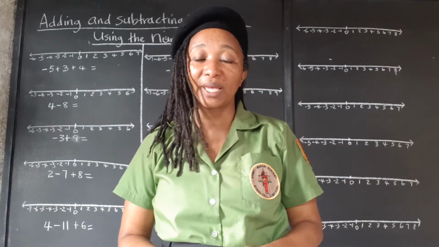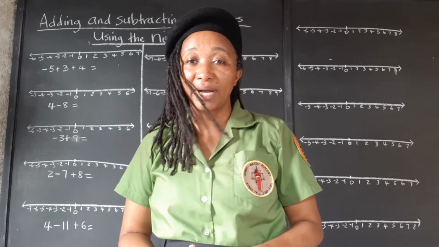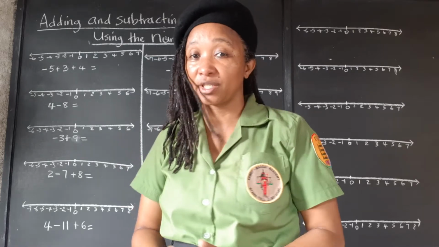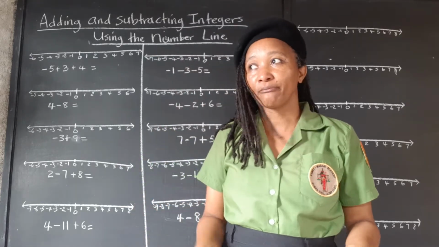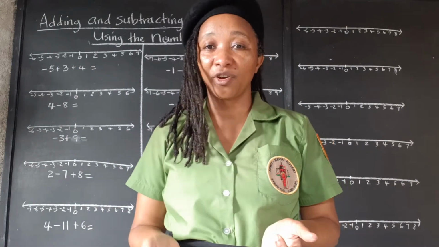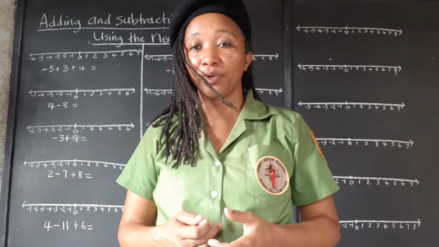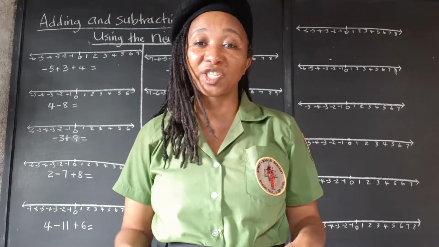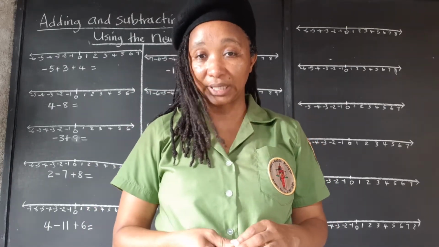Today we're going to be looking at adding and subtracting integers. What do we mean by integers? So an integer is a negative or positive number and zero. Basically a number that can be expressed without using a fractional aspect to it, right?